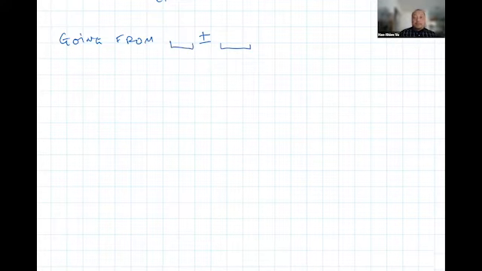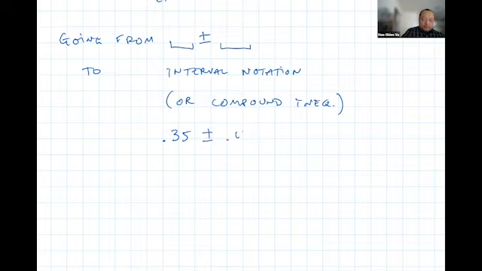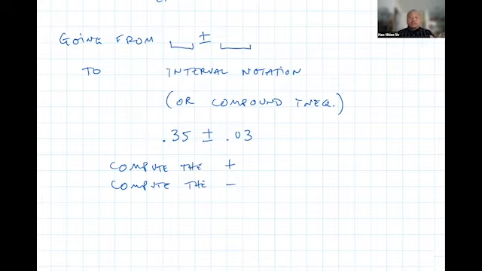Going from the blank plus or minus blank to interval notation or compound inequality. If I have 0.35 plus or minus 0.03, then what I do is I compute the plus, I compute the minus, and then put in the correct order from small to large.